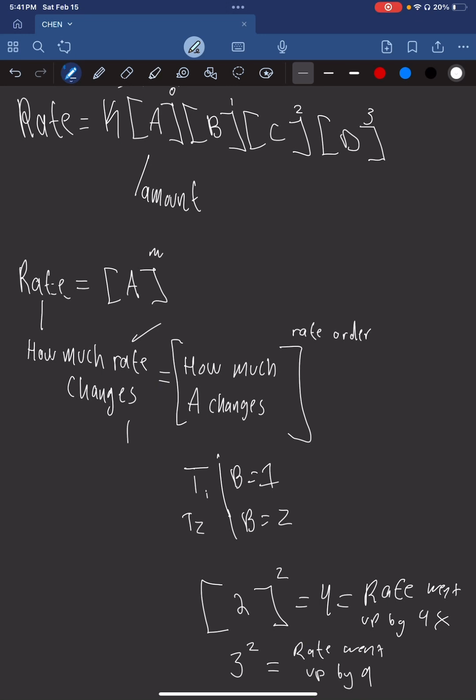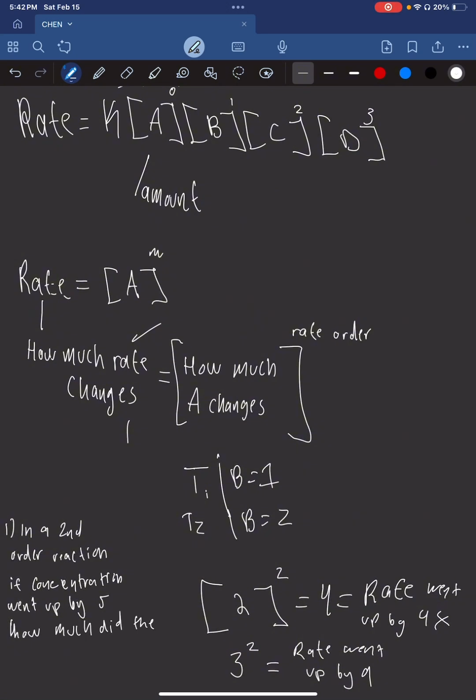Now let's do this. I'll give you a question. In a second order reaction, if the concentration went up by 5, how much did the rate go up by?